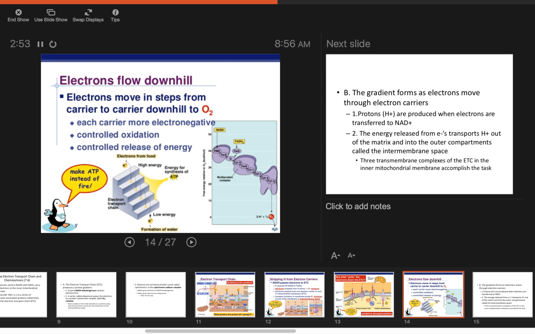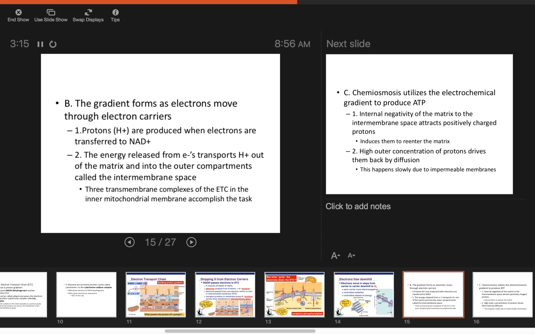This says FMN to iron sulfur to ubiquinone to cytochrome B to iron sulfur to cytochrome C1 to cytochrome C to cytochrome A to cytochrome A3. There are a lot of other players involved, but you just need to know the 3 big ones and then ubiquinone and cytochrome C. It's more complex than what you actually have to know. But this gradient forms as electrons move through these electron carriers and energy is being released, so that those proteins can do work and pump hydrogens across.